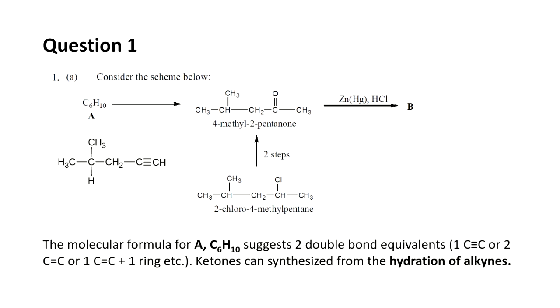Here we have the alkyne that would give us the ketone that is shown. So the triple bond is between carbons 1 and 2, the terminal alkyne, and so this would be the structure of A.